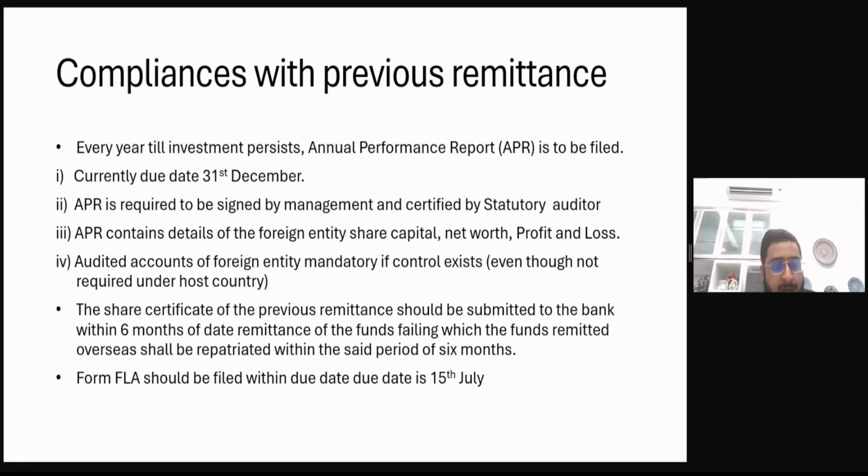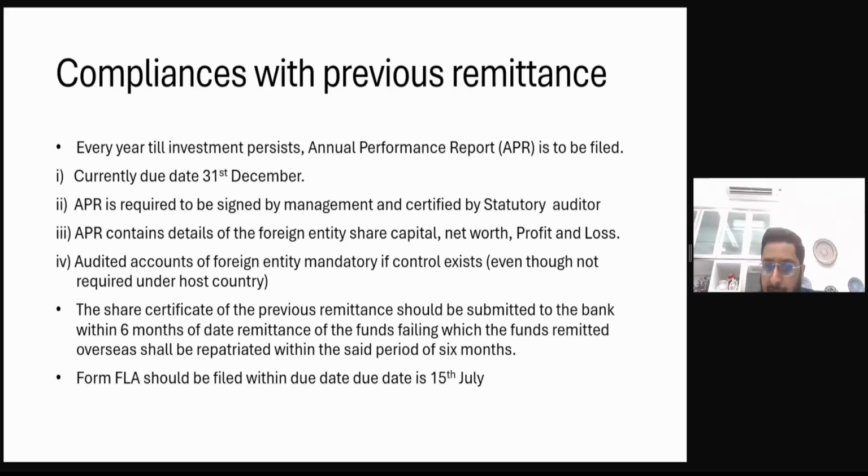You should always obtain the audited accounts of the foreign entity, and the audited accounts of the Indian entity should also be present. On the basis of that, we can certify the Form APR. As I said, the audited accounts of the foreign entity are a must if control exists. If control does not exist, and if they provide unaudited accounts, that is okay.